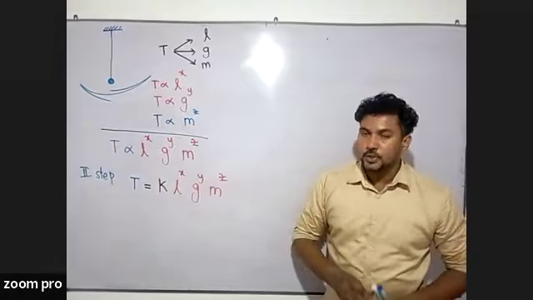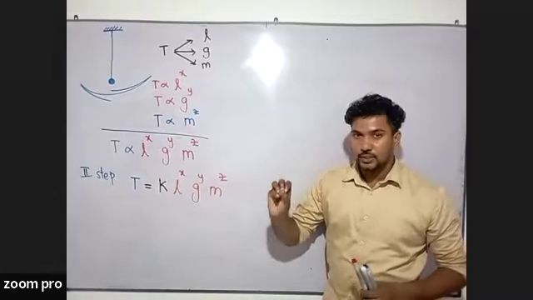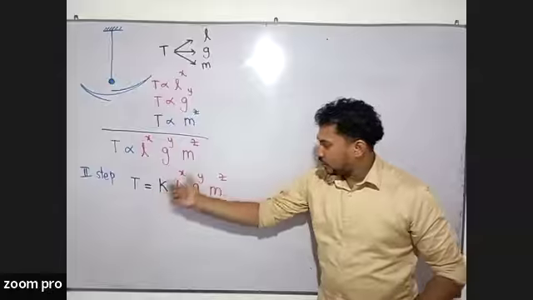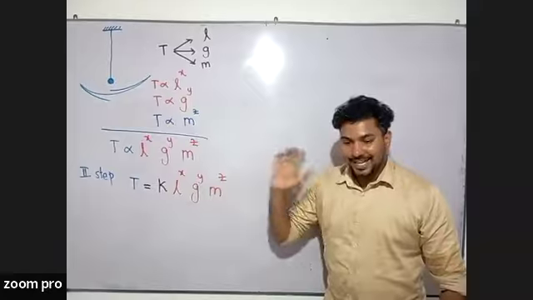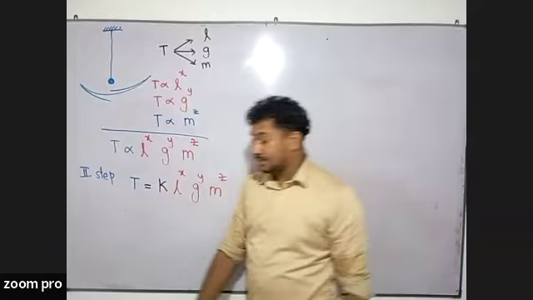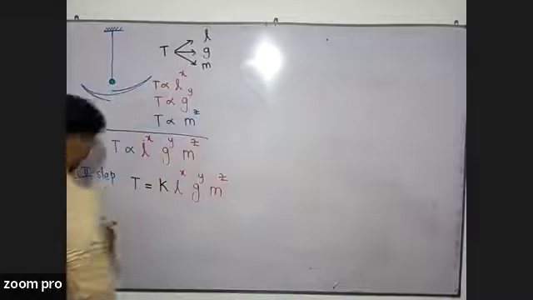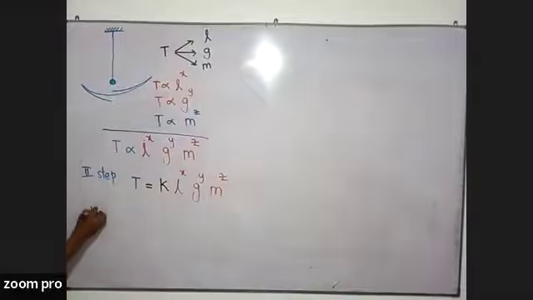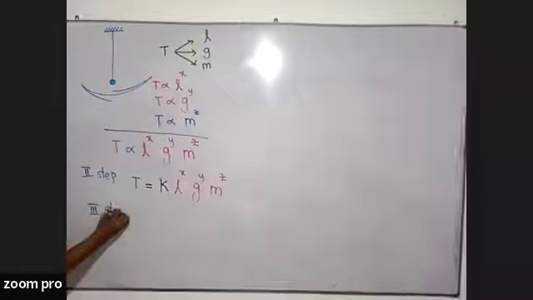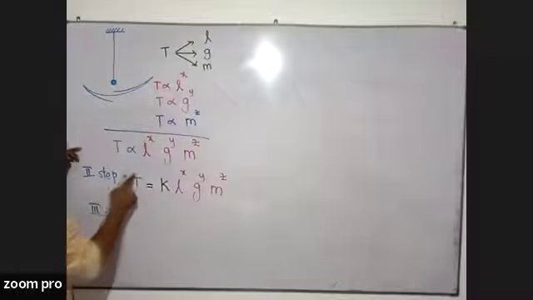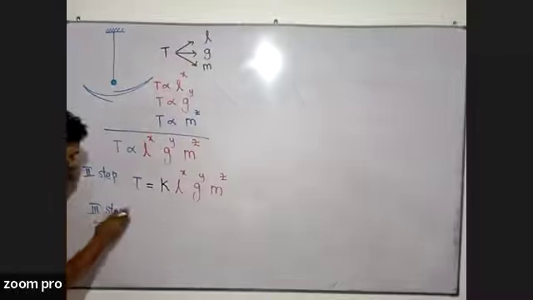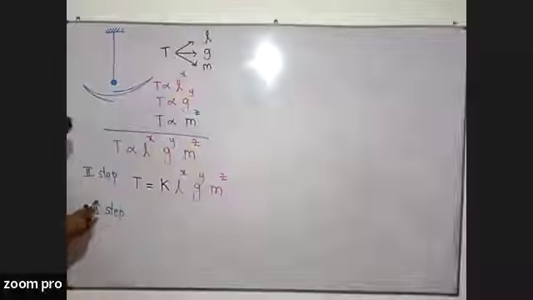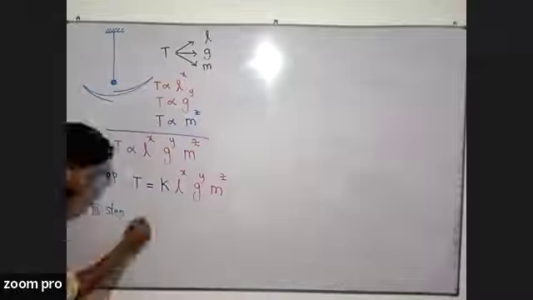So the third step is that you have to substitute the dimensions for each physical quantity except the k, a constant, right? So in the third step, now T represents the time, so the time should be substituted as capital T, right?